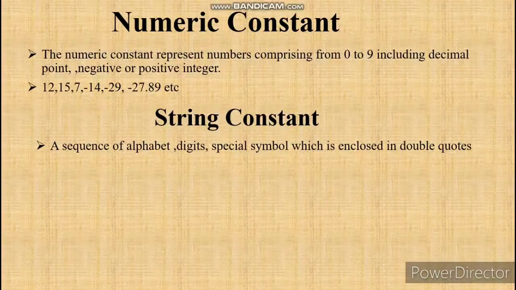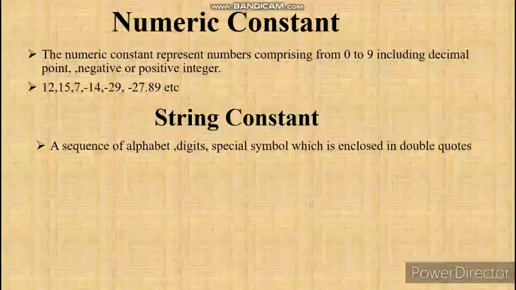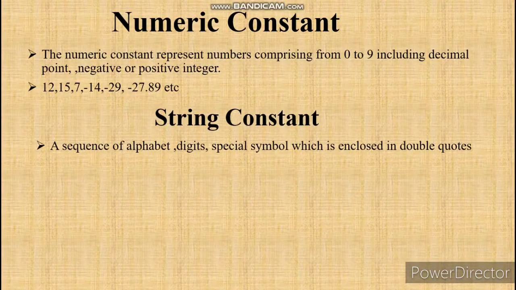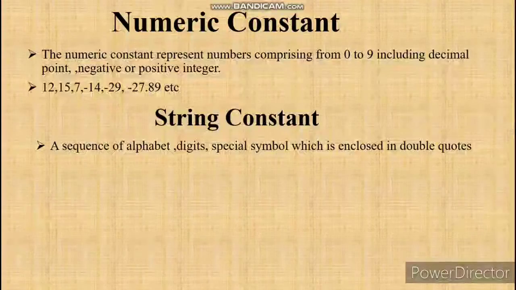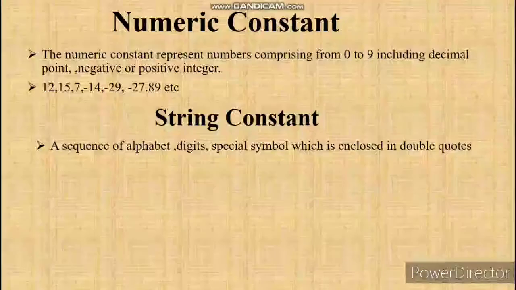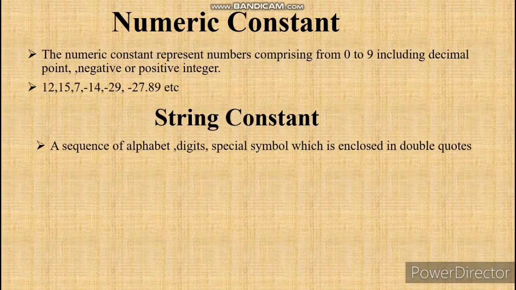Or you can also say that any set of characters is called a string constant, and the string constant is enclosed within double quotes. Quotes means inverted commas, double inverted commas, right?